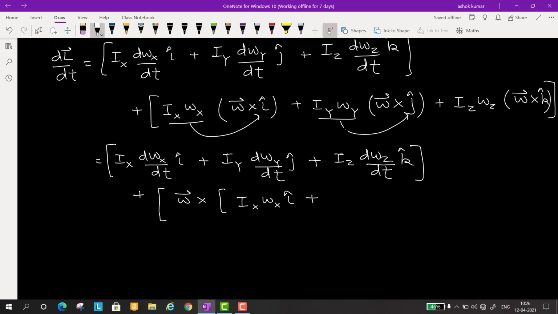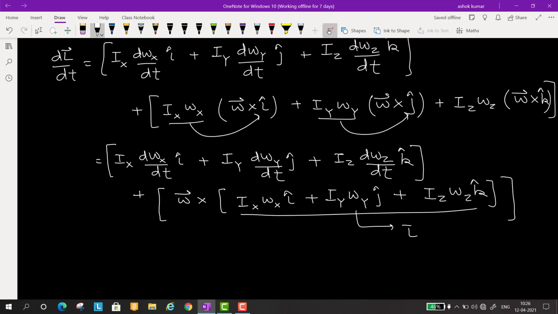Similarly omega cross common, it is Iy omega y j cap, Iz omega z k cap. And what is this? This is our L vector.